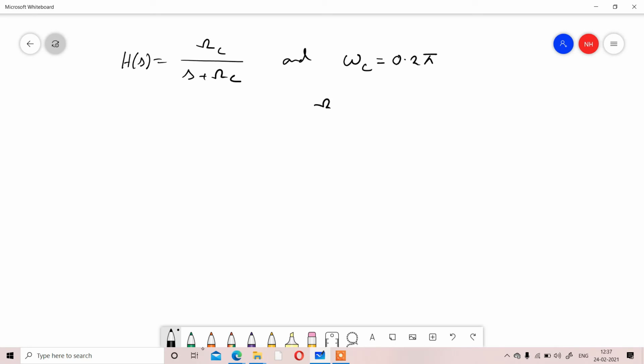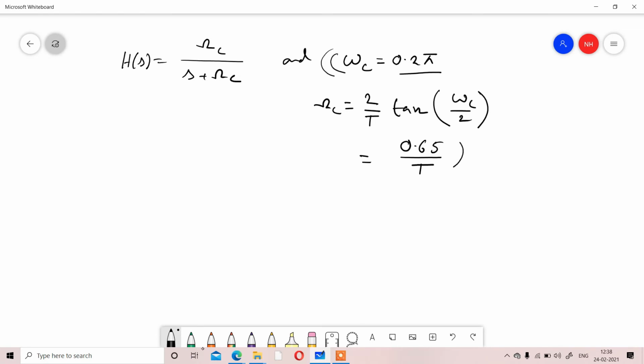Then analog omega c will be 2 by T tan of digital omega c by 2. If we substitute 0.2 pi here, the value of analog omega c you will get is 0.65 by T. So from the digital omega c you are getting the analog omega c.